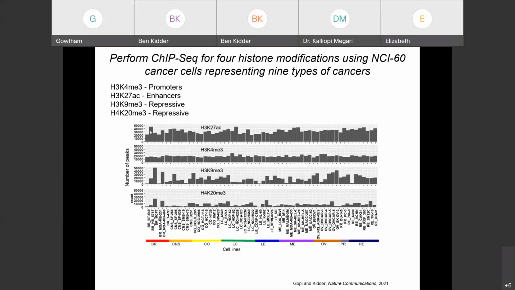This plot shows the number of peaks for these 4 histone modifications across these 60 cancer cell lines, representing the 9 types of cancer. And you can see varying levels of peaks between these different types of cancer cells.